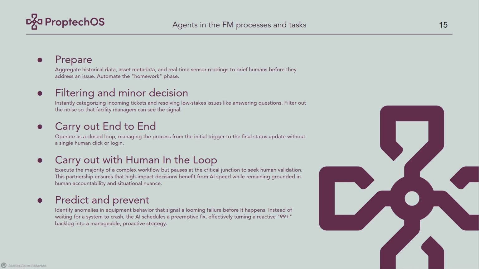This is what the 99+ problem usually results in: we have an intuitive understanding of the health of our buildings and the happiness of our tenants. We have 99+ tickets, but we have an intuitive understanding of whether it's increasing or decreasing.